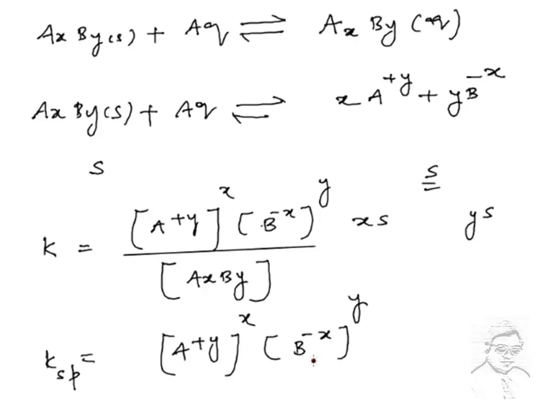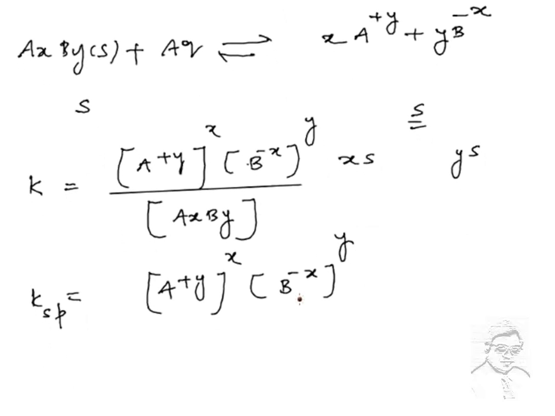And for Kc, the rule is that at a particular temperature, Kc has particular value. So all these fellows which have come from Kc discussion, they will follow the rule. KSP will follow the rule. So KSP is fixed for a particular salt at a particular temperature. If you change temperature, KSP will change.